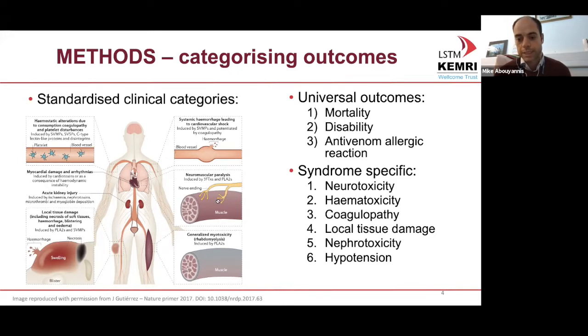So neurotoxicity, hemotoxicity, coagulopathy, local tissue damage, nephrotoxicity, and hypotension. And it's at the trialist's discretion as to which of these outcome measures to choose, depending on their population and the biting species in the population.